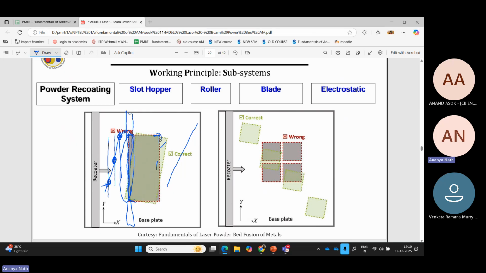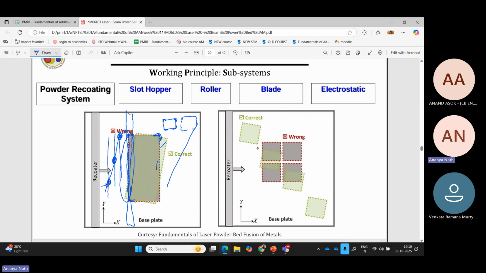It's better if you fillet. Instead of this, if you have a fillet kind of thing on each side, then it's better. A little round. So we just want to avoid as much sharp contact as possible.